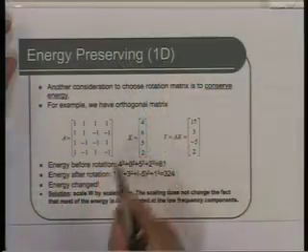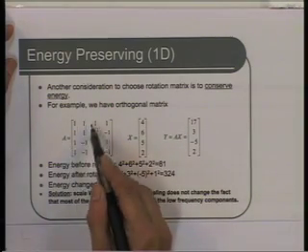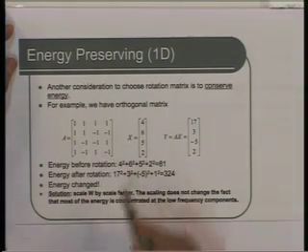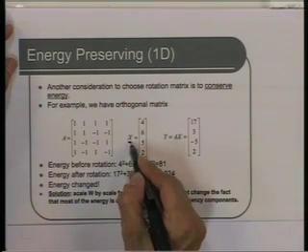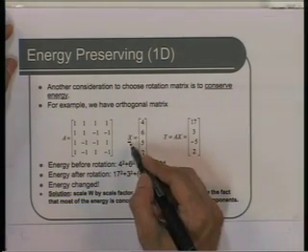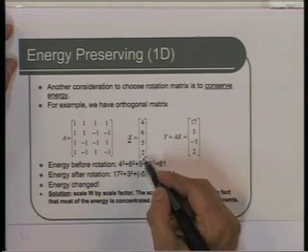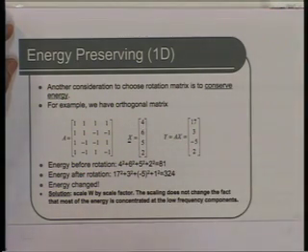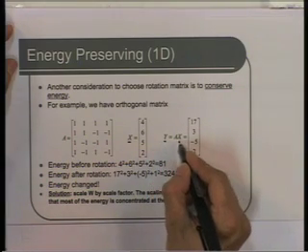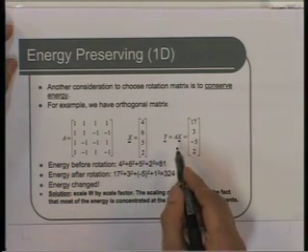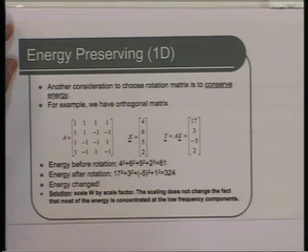Now, another consideration in choosing the rotation matrix is to conserve energy. Why this is very important can be explained with the help of an example here. Let us choose an orthogonal matrix A given here, and let us assume that we have the source output vector given by this. Now, the transformation A will give the transform coefficients as shown here.